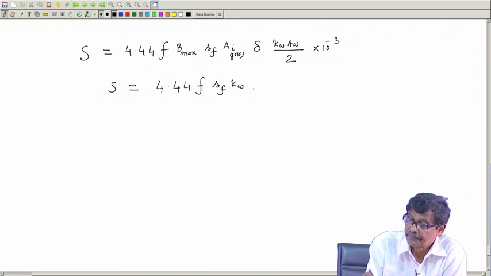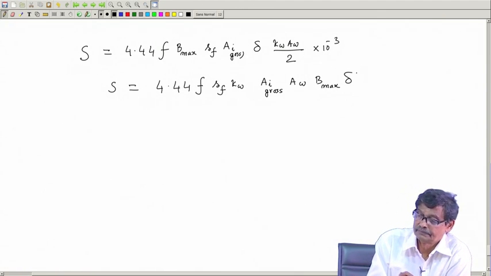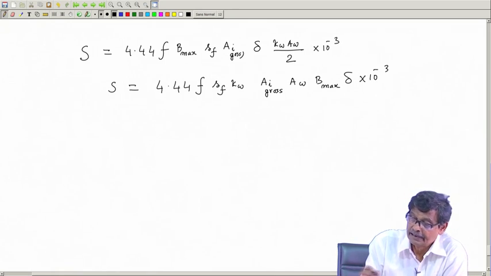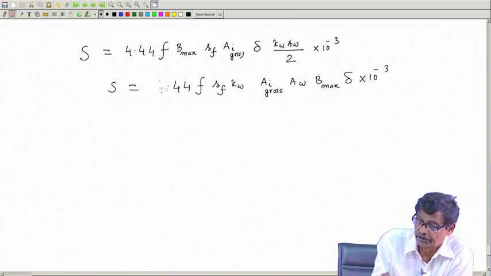Then you write AI gross into AW, then you write B max into delta into 10 to the power of minus 3. In fact, these 2 cancel, so it will become 2.22.